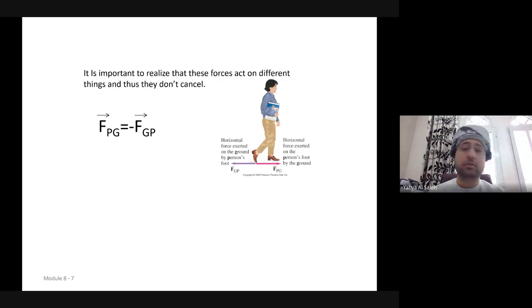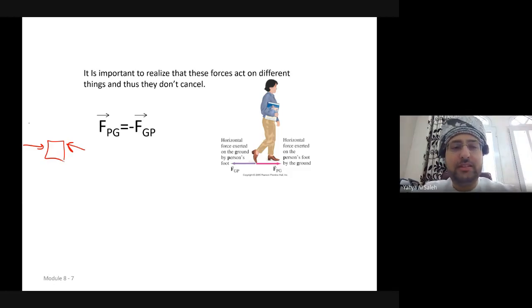Okay, so now some of you will come to me and say, but wait, you just told us a little bit ago that if I have a box and I have two forces on it in opposite directions, then they cancel out.